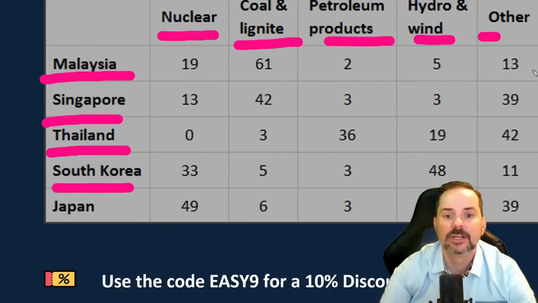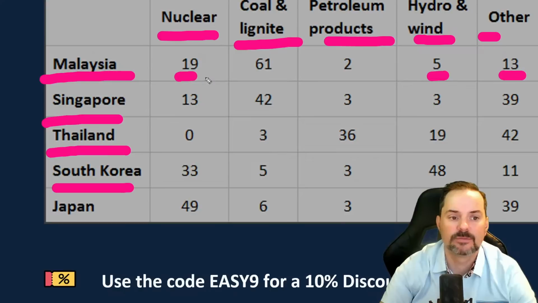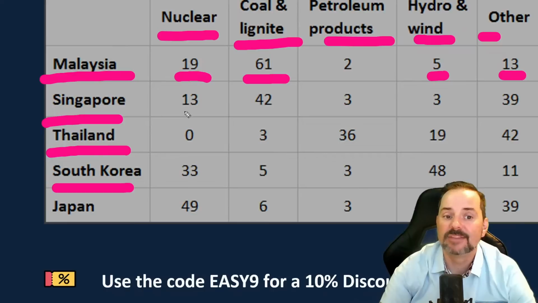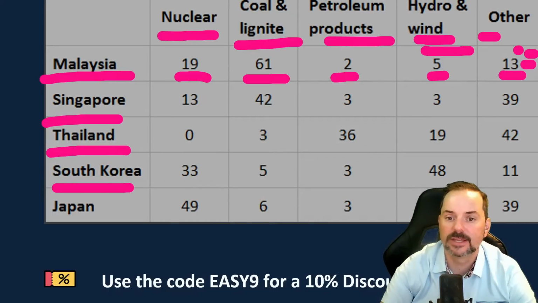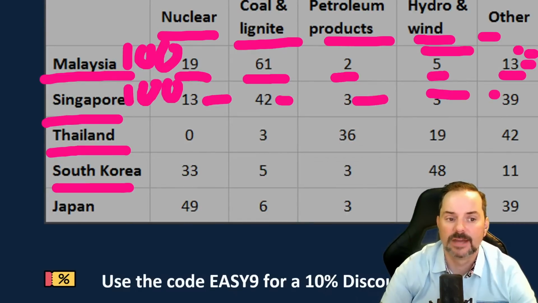So if we add 19 plus 61, we have 80, 82, 87, 100. So this equals 100, right? That equals the whole. You can't see that, but that row equals 100. Each of these rows should add to 100, and I can see that. All of these rows add up to 100, the total.